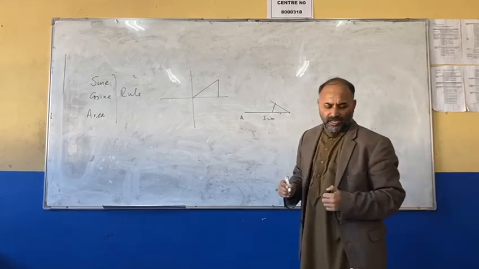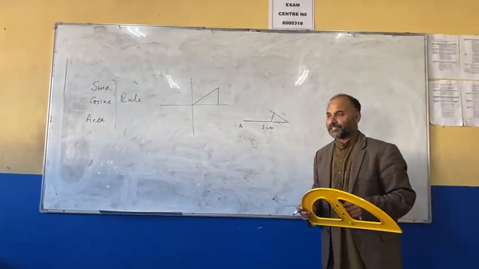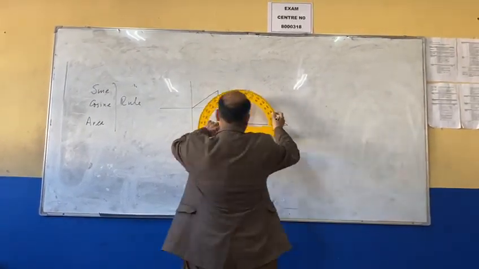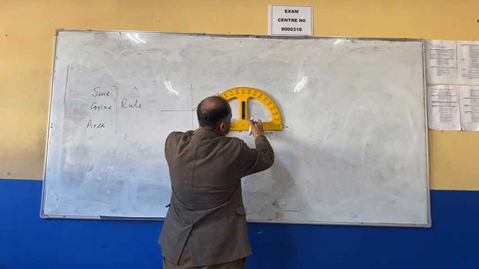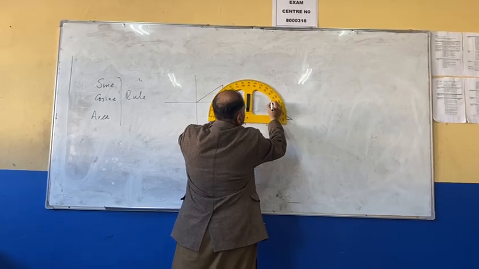Okay, next angle I want to draw is a 40 degrees angle. So let me just use a protractor straight away to draw a 40 degrees angle, which is here.